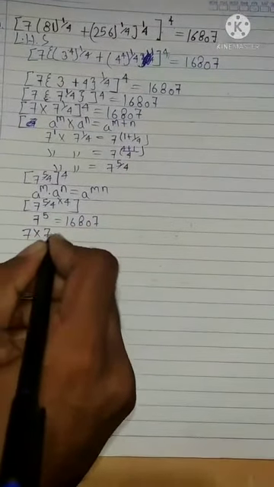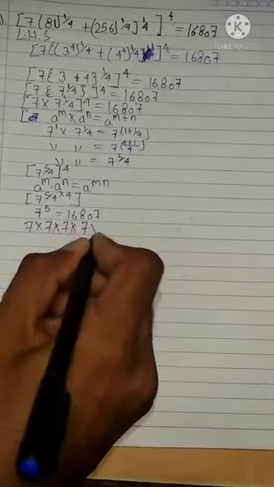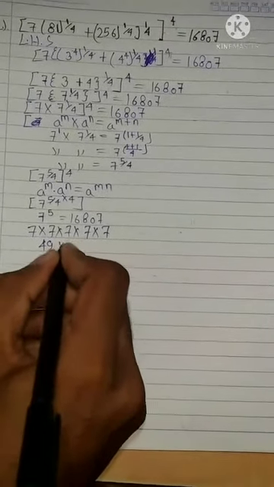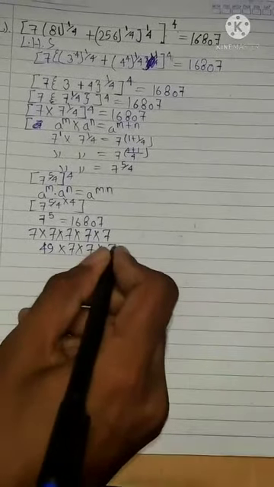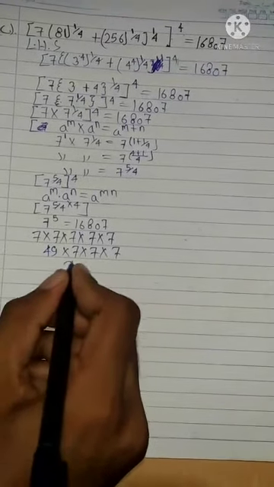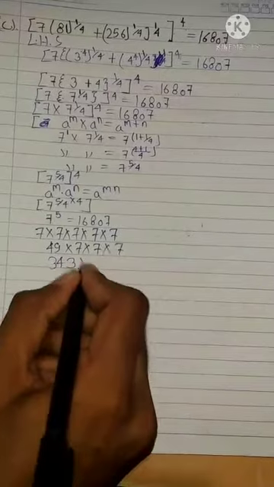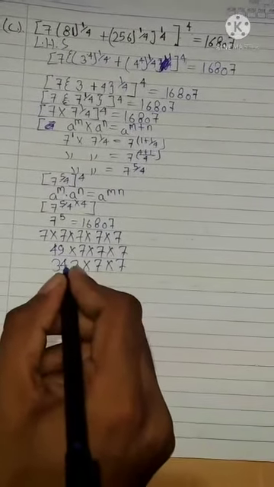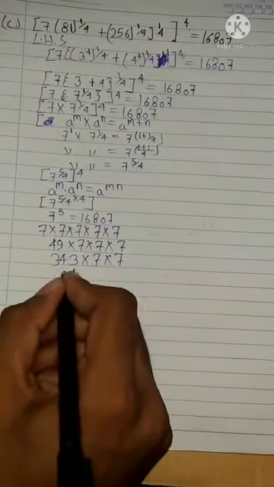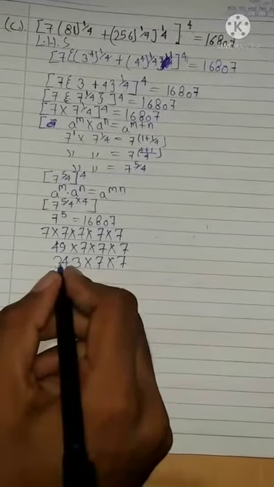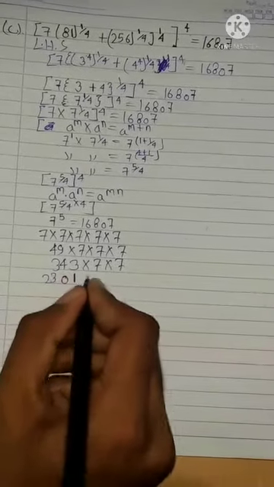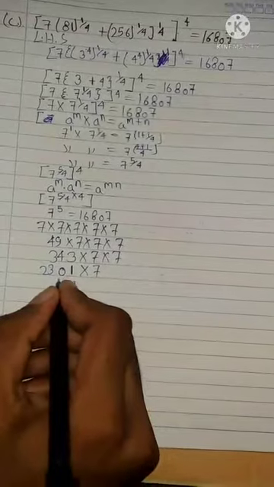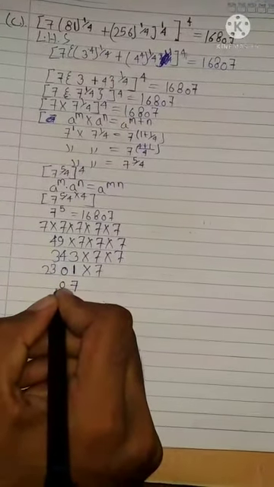Write 7 into 7 into 7 into 7 into 7. 7 7s are 49, into 7 into 7 into 7, 7 9s are 63, 7 4s are 28, 343 into 7 into 7, 7 3s are 21, 7 4s are 28 plus 2 is 30, 7 3s are 21 plus 2 is 23, into 7, 7 1s are 7, 0, 7 3s are 21.